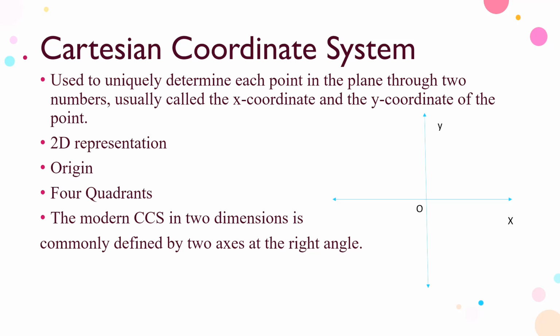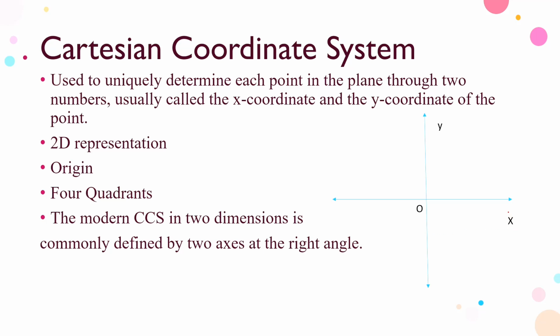First, we come to the Cartesian coordinate system. Actually, we use this type of coordinate system in our basics, where there are two values, x and y, and using those x and y values, we can estimate the distance, area, perimeter, and the location point. So, the Cartesian coordinate system uniquely determines each point in the plane through two numbers, x and y.